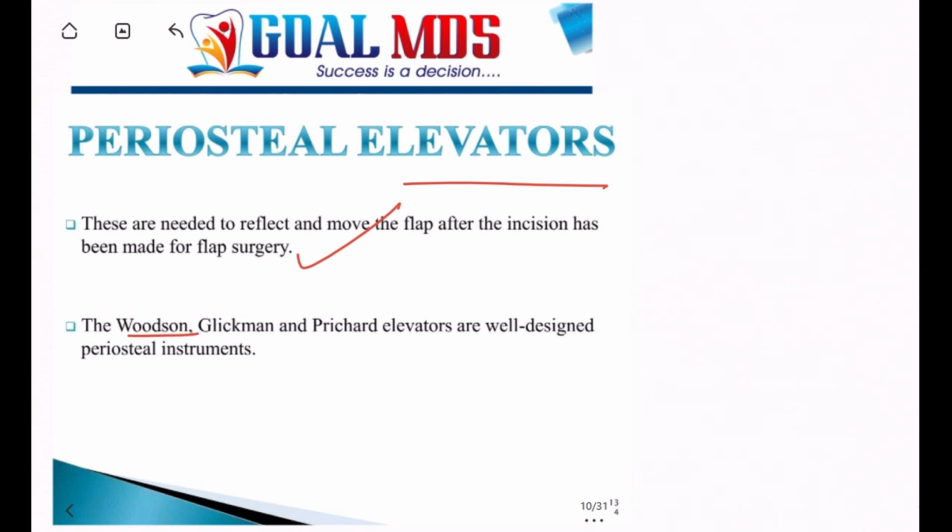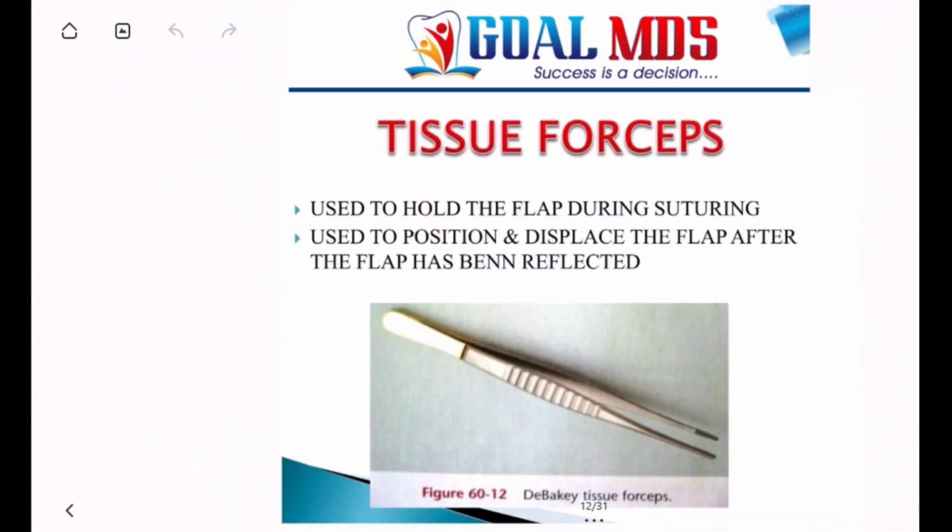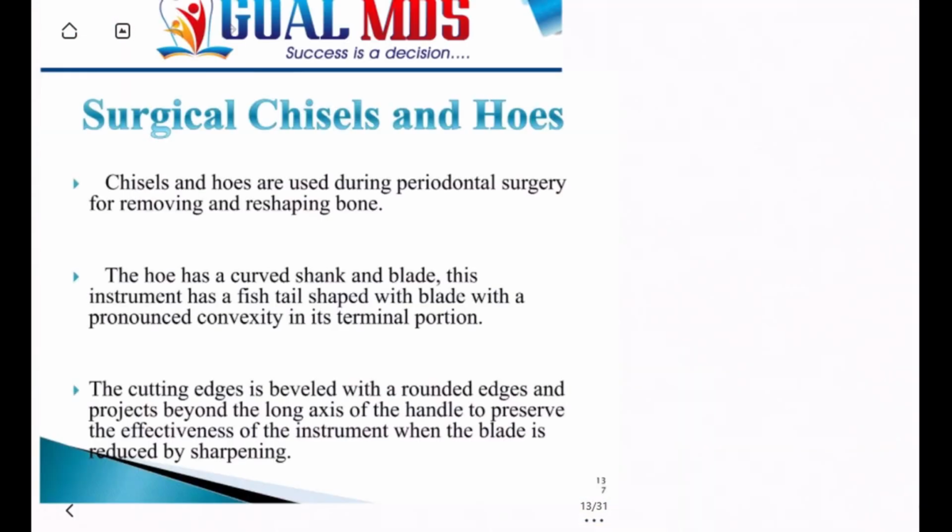Examples are Woodson, Glickman, and Pickard elevators, which are well designed periosteal elevators. Tissue forceps are used to hold the flap during suturing. Chisel hoe is used for removing and reshaping the bone.